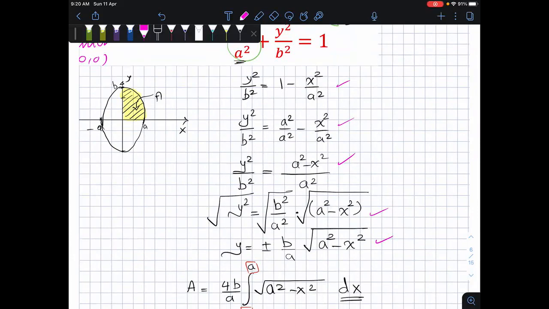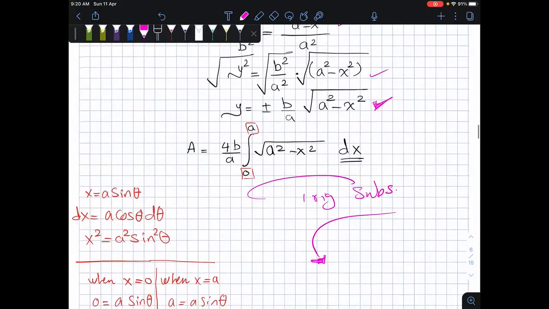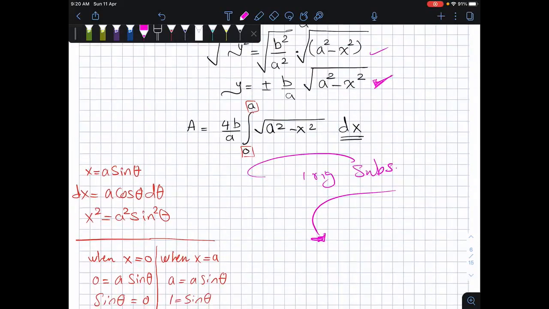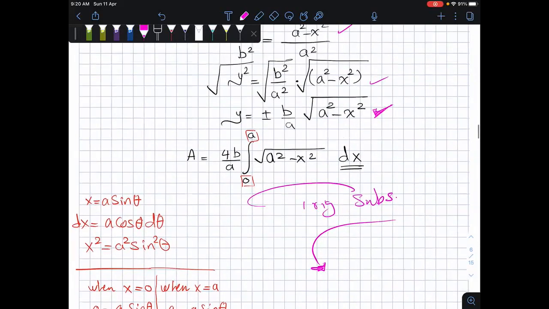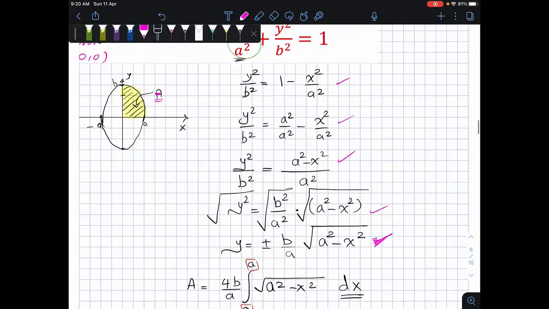This curve is represented here by the yellow shaded part, the area of this part. You would like to integrate it, so b over a stays as a constant, and we have to multiply by 4.